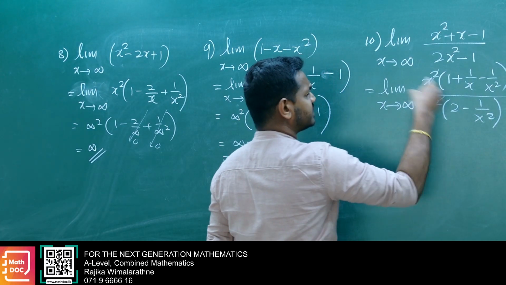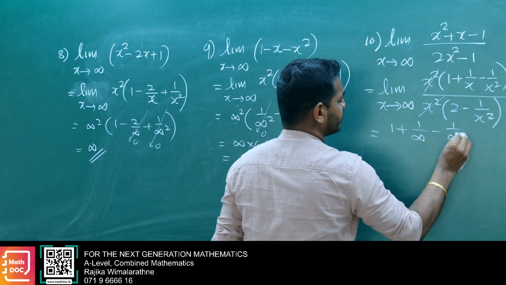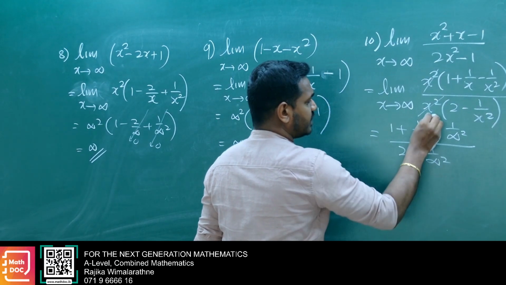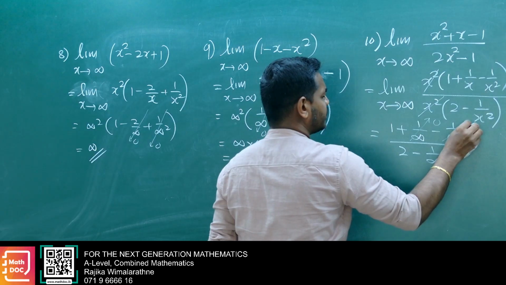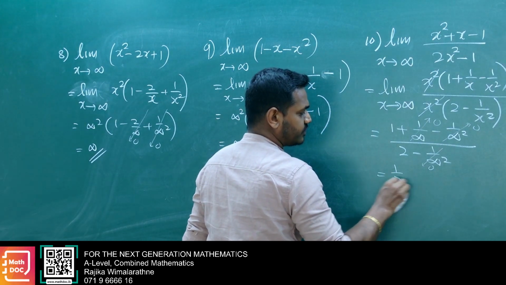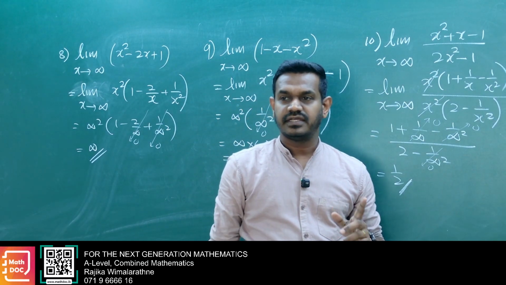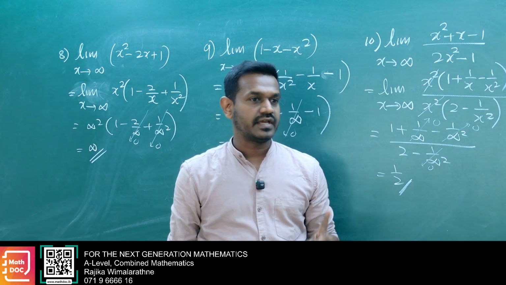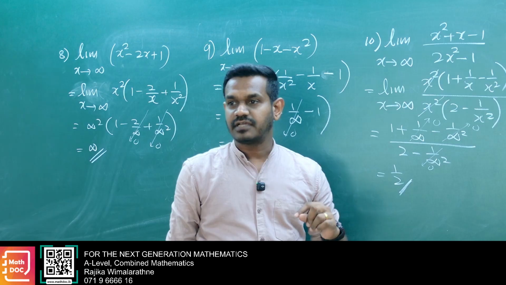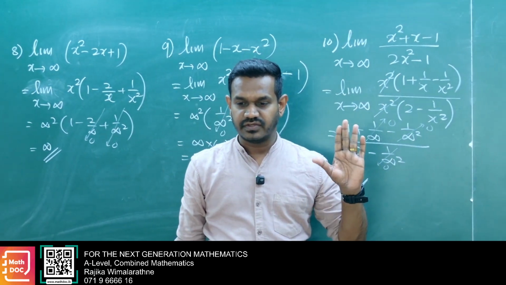Simplify, then substitute infinity. Then 1 over infinity goes to 0, 0, 0. Then 1 over 2, answer half. Better to take the maximum power outside and do simplification. Thereafter, substitute infinity again. Complete those examples.